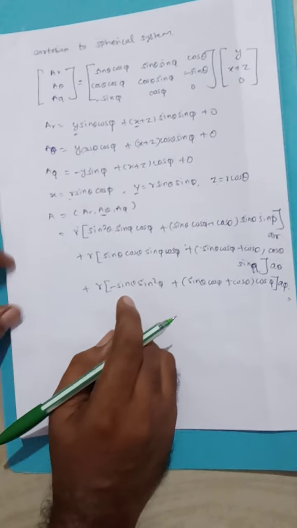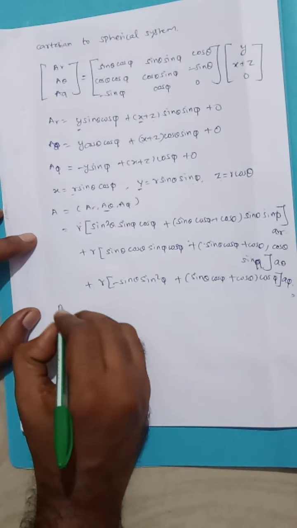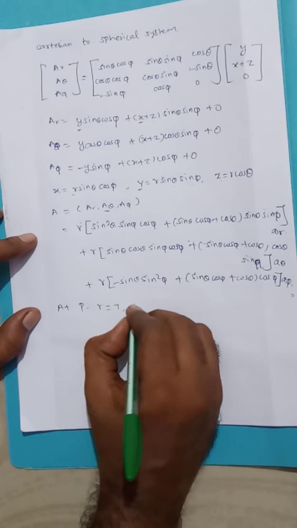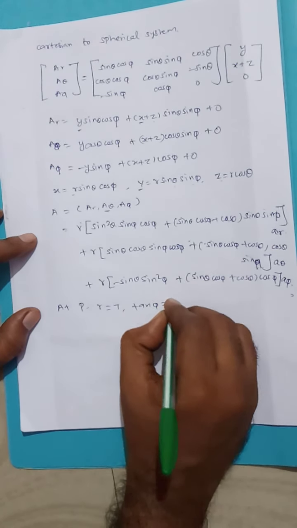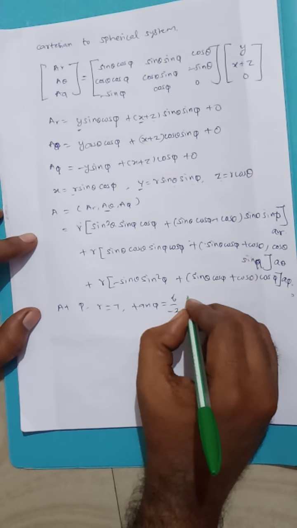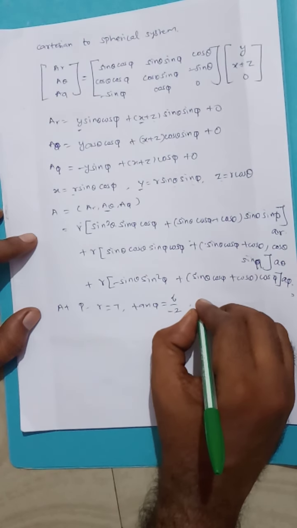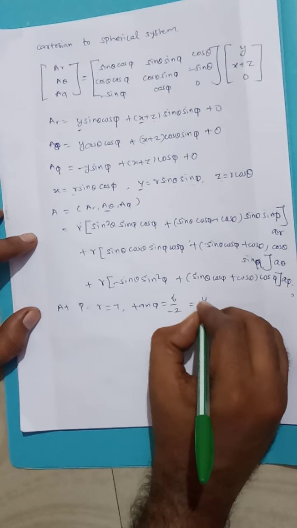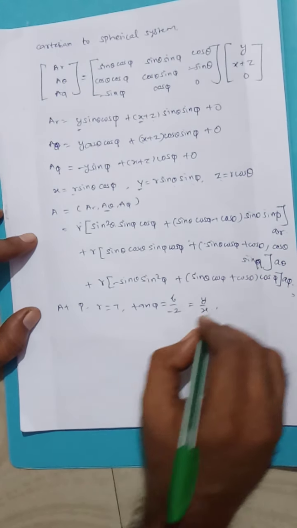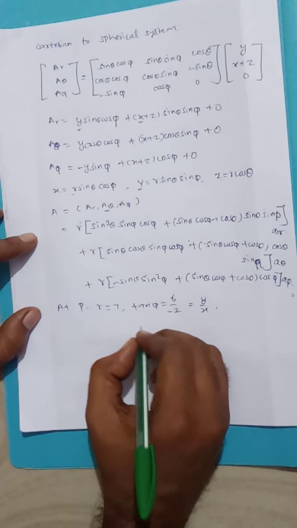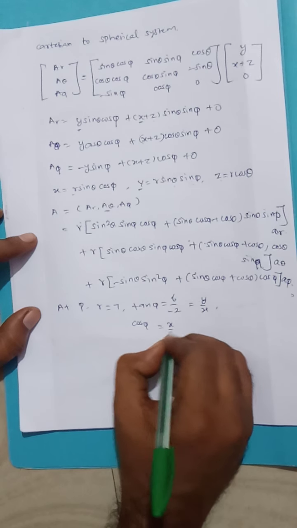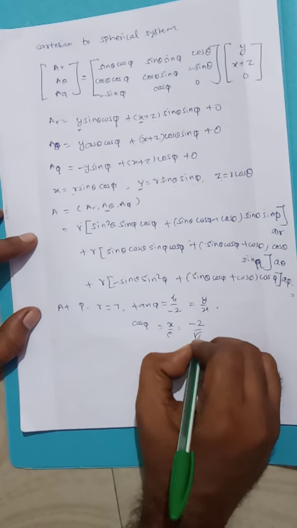So I need to have the values, right? At P, what is the corresponding coordinate value? R is 7, already found. Tan phi is 6 by minus 2. Here tan phi is given by y by x. So I can get the value of cos phi, which is given by x by rho, which is minus 2 by root of 40.